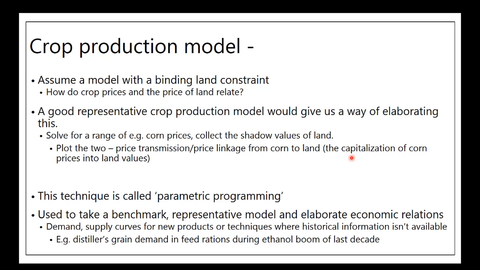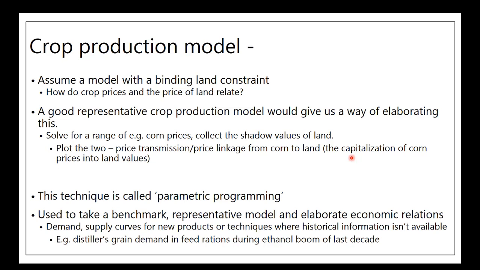So how do changes in the crop market and the production output get capitalized into the input market? That's always important because land is thought of as a very limiting input in agricultural production. It is a fixed supply. If you expand to some level, there is generally no new land being produced.